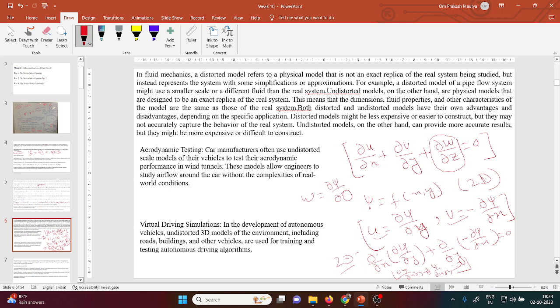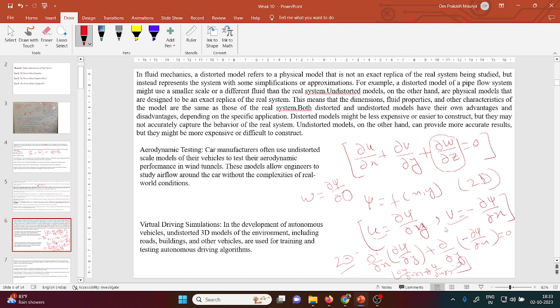So the stream function is a mathematical concept. We keep it to 2D because it mathematically follows the continuity equation, that is del u by del x plus del v by del y plus del w by del z is equal to 0.